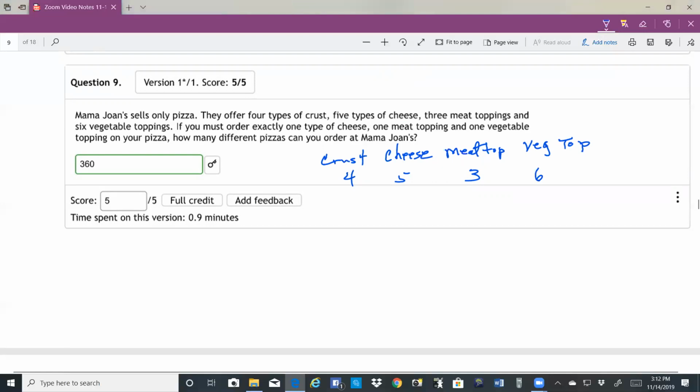So the total number of different pizzas that you could order would be 4 times 5 times 3 times 6, which is equal to 360.